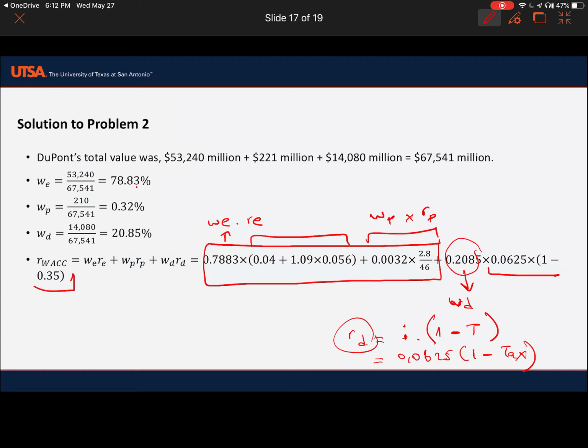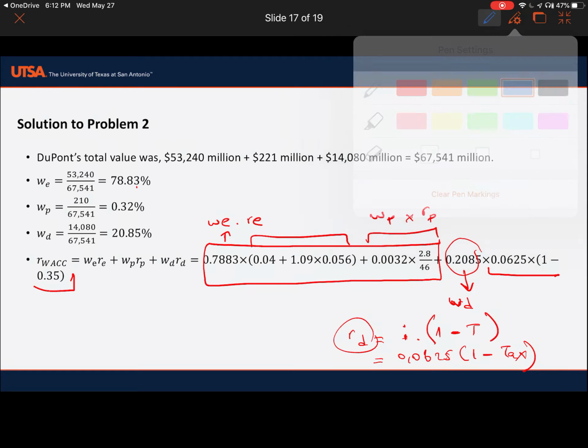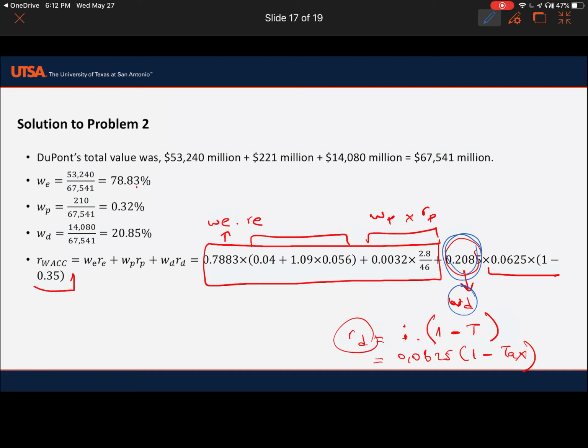This is the weight. Let me write here, 0.0625 multiplied by 1 minus tax. Tax is 0.35. So we find the proportion of debt and cost of debt, this part.